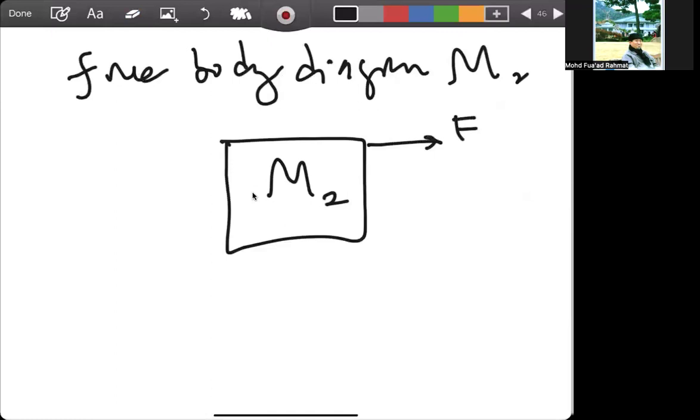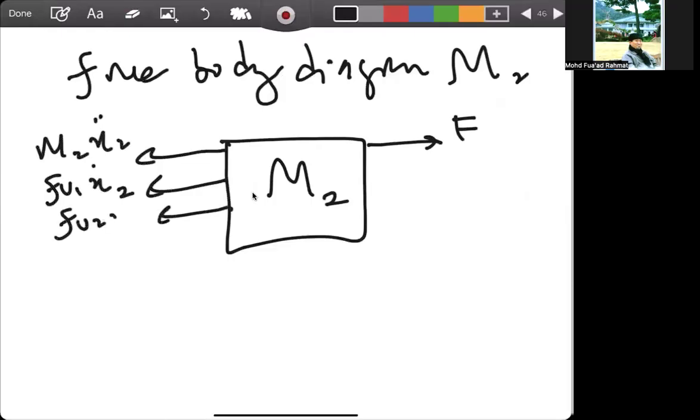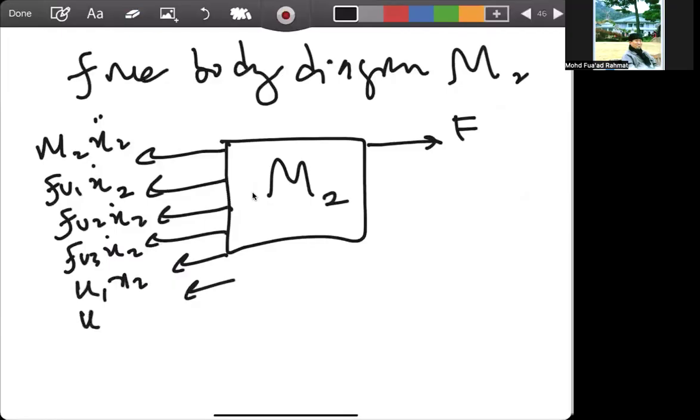Then M2 has its own force: M2 x2 double dot, FV1 x2 dot, FV3, plus K1 and another one, K2.